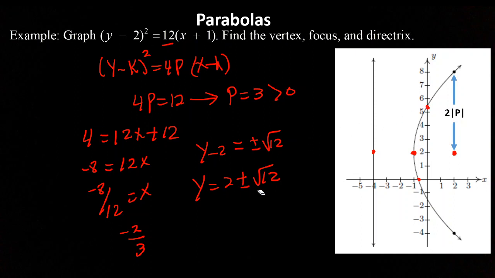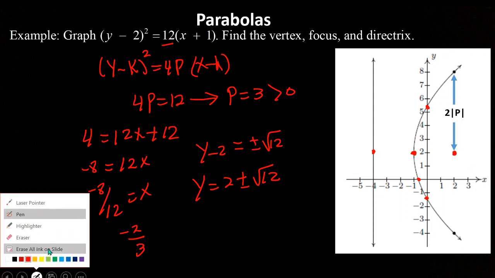And then 2 minus 3 point something is -1 point something, which is right there. And now you can graph it. You got the focus, you got all that. Now you can get those 2 points also, because you know if you go 2p up and 2p down, you get 2 more points of the parabola, and you can graph it. 2p means 2 times 3, 6. So 6 units up, 6 units down, right?